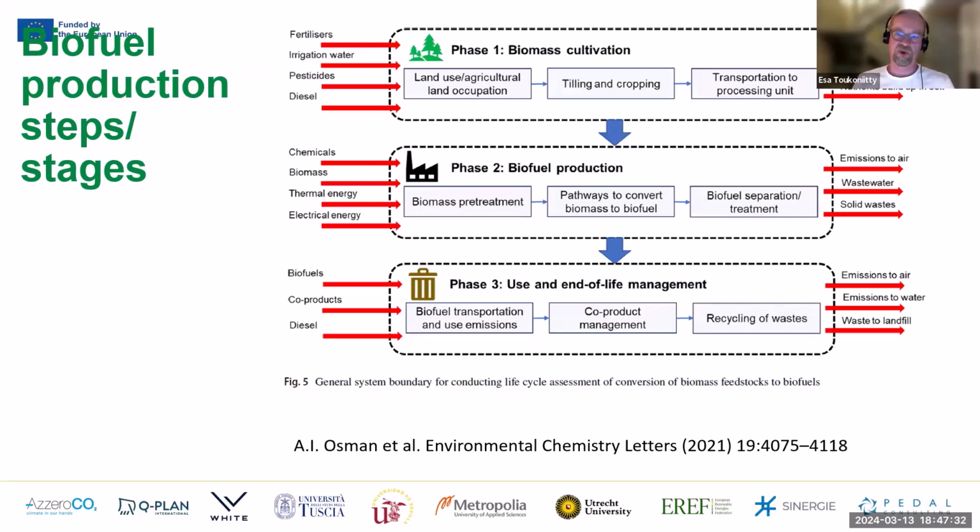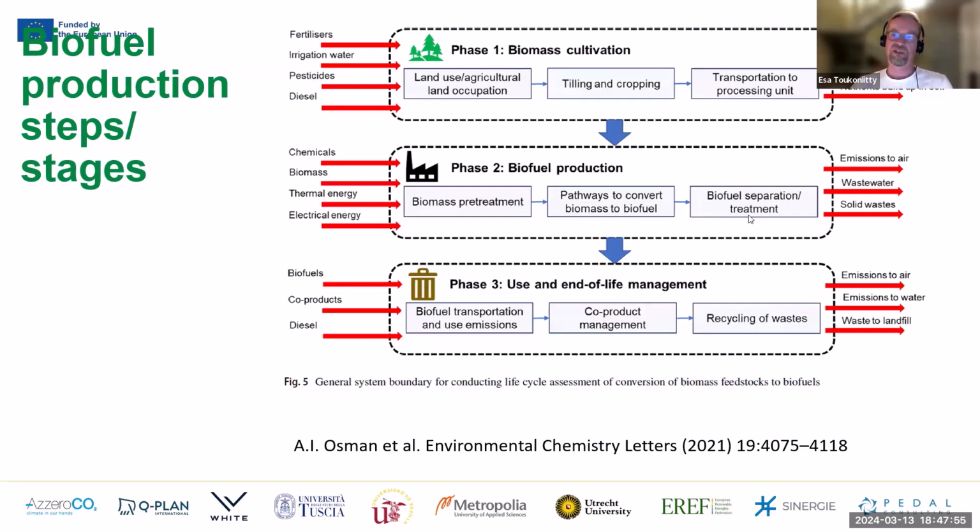So if those are problematic, one needs to do separation steps, so downstream processing. So you need to purify the biofuel, remove unwanted material. Another thing is that chemical reactions seldom convert 100% to products, so you end up with unreacted starting material.